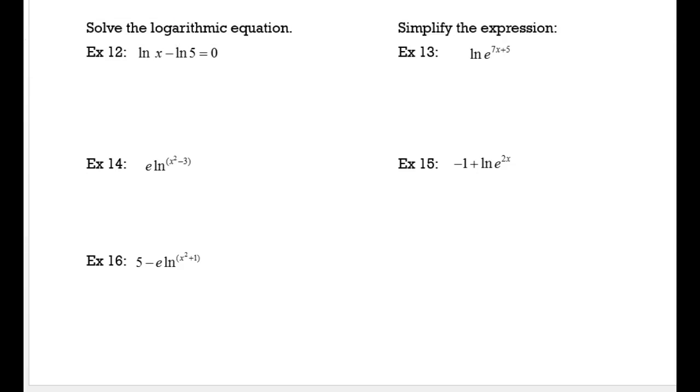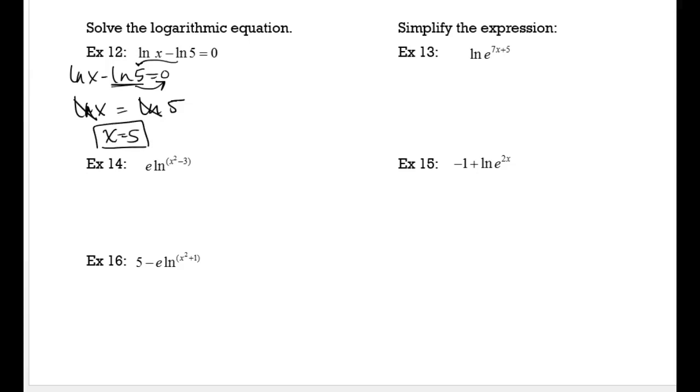Here's strategy 1. Natural log of x minus the natural log of 5 equals 0. Since it equals 0, I can move this whole piece over here. So I'll have the natural log of x equals the natural log of 5. Well, if you remember one of our properties, if the logarithm is the same in the same base, they cancel out. And so I just get x equals 5.